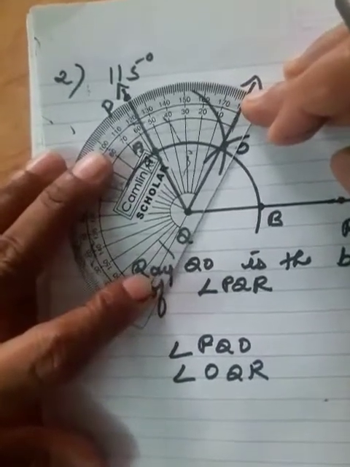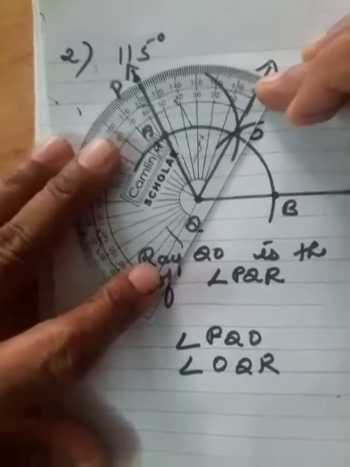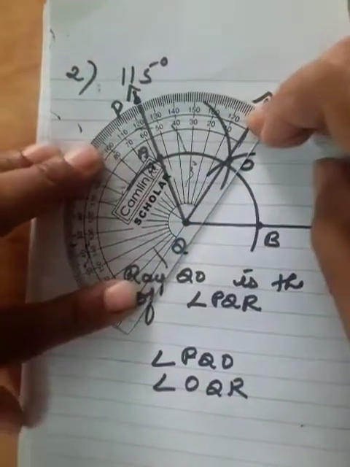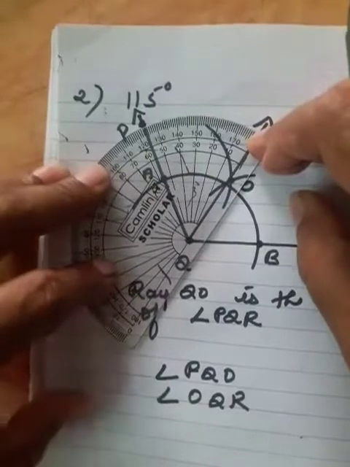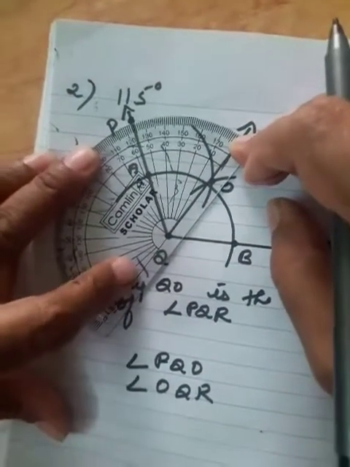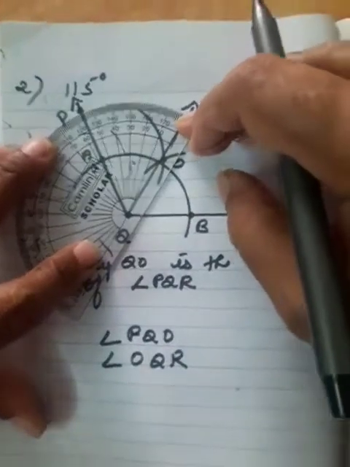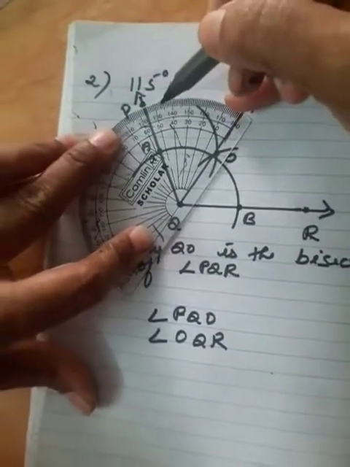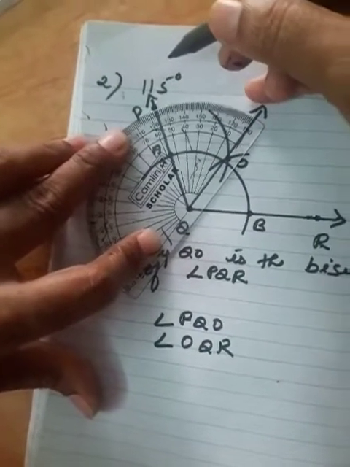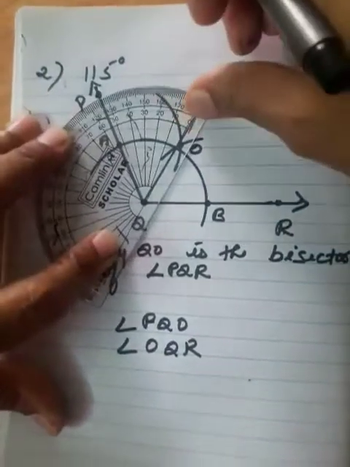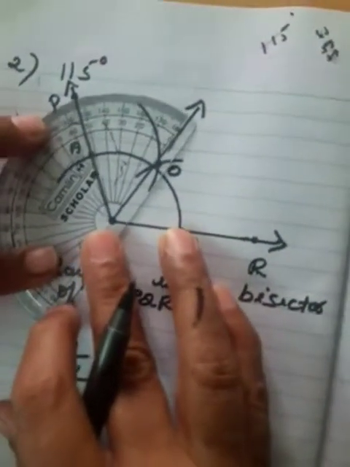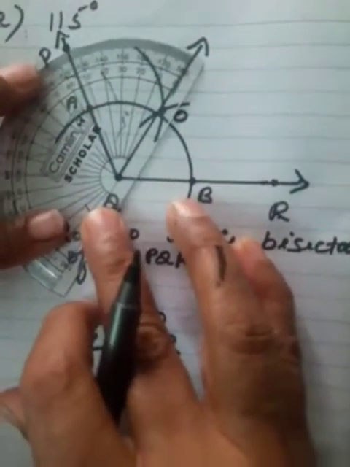Now what will be the measure of angle PQO?